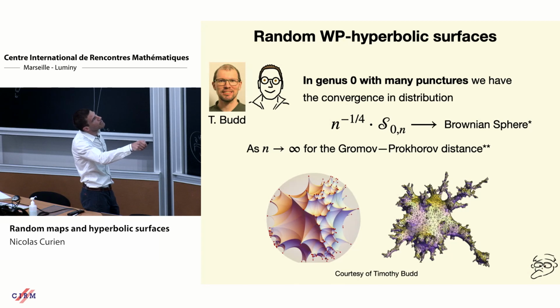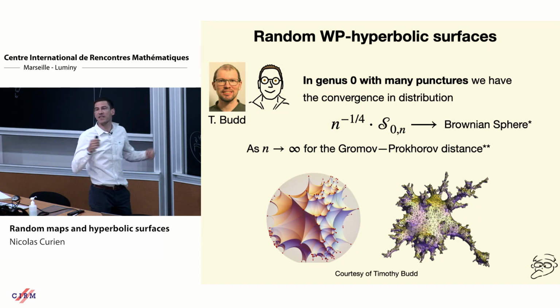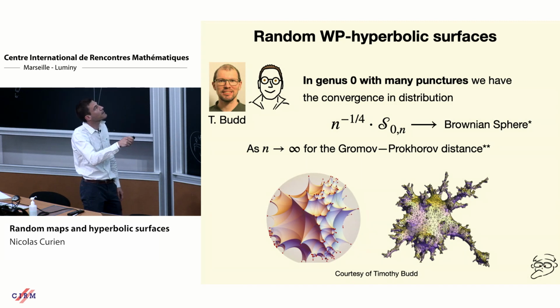A few stars here, okay, not in the same sense as before, because this is an instance of a random Weil-Petersson surface in genus 0 with many punctures, a couple of hundreds maybe. This is of infinite diameter, because of the cusps.